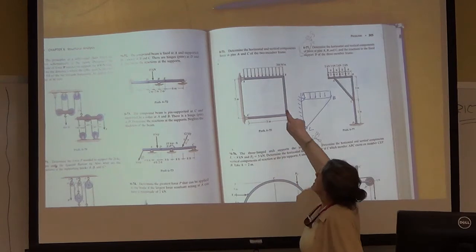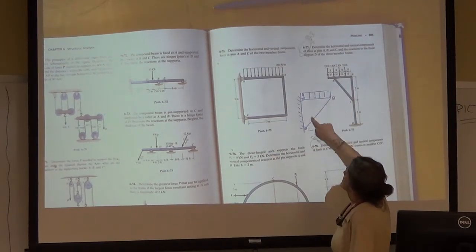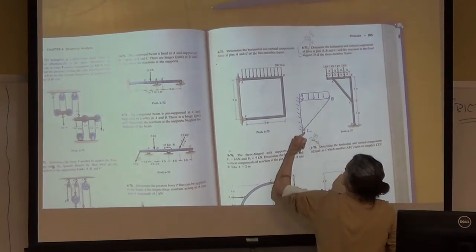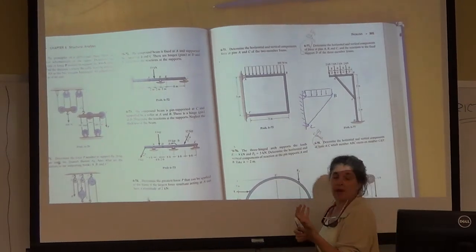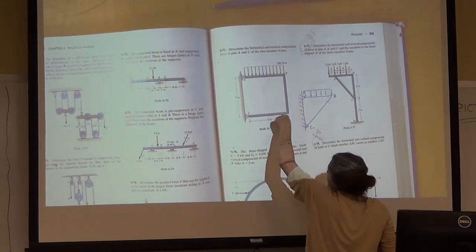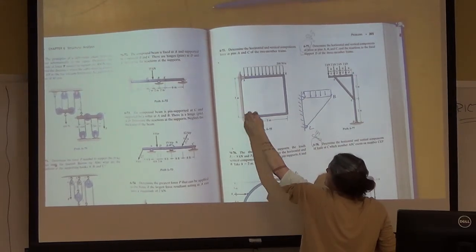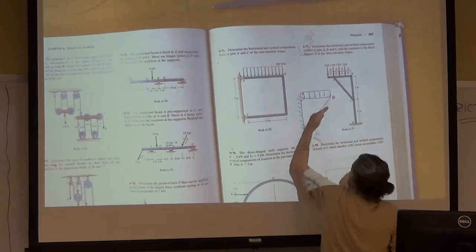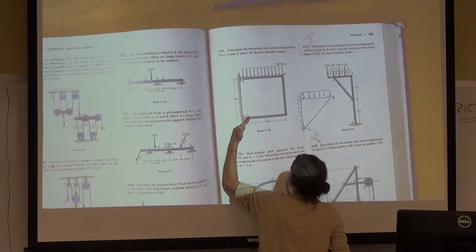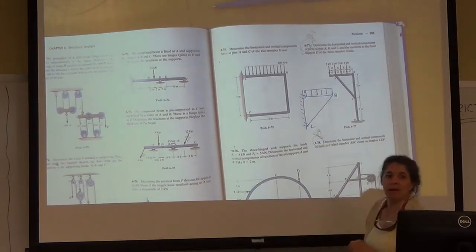And since this could be replaced with this, I'm not going to draw it, but the force is going in the direction it goes. This is a little bit weird, right? Even though the member goes B down and then over to C, the axial load goes right through this, so it goes through here. So for C, you would have a BC this way and a BC that way.